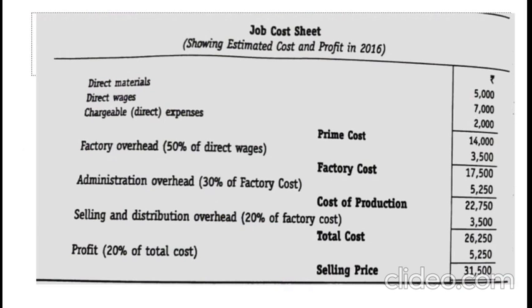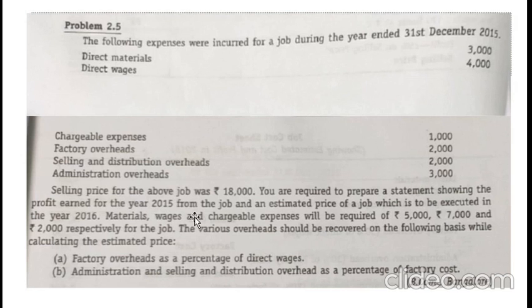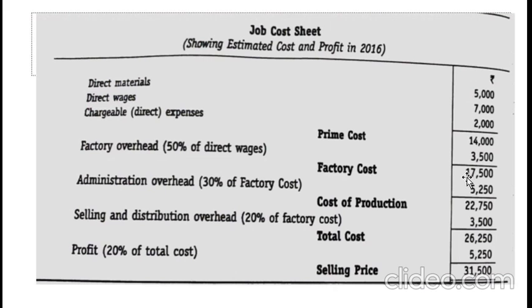So how much was your direct expenses? That is your chargeable expenses, which is 2,000 here. So your chargeable expenses is 2,000. So the total of your direct expenses will give you your prime cost. So how much is your prime cost? 5,000 plus 7,000 plus 2,000 will give you 14,000.